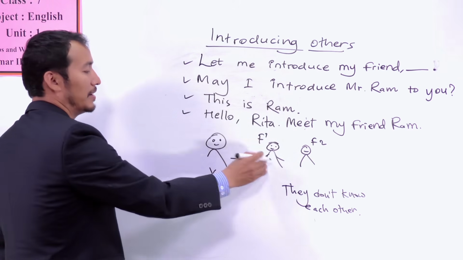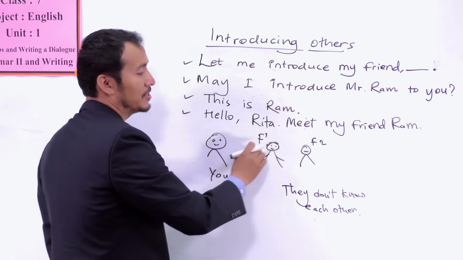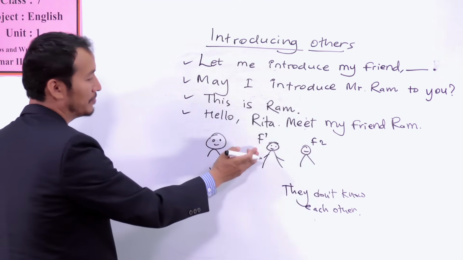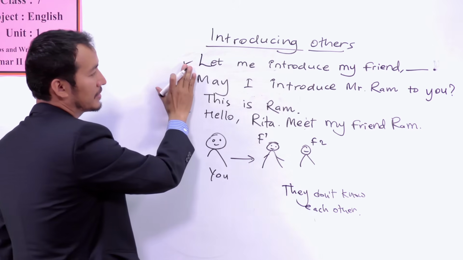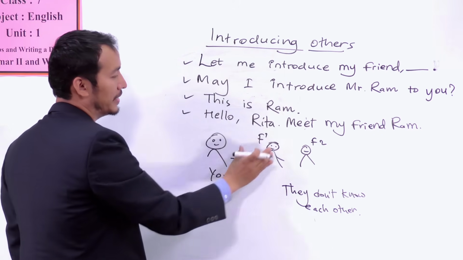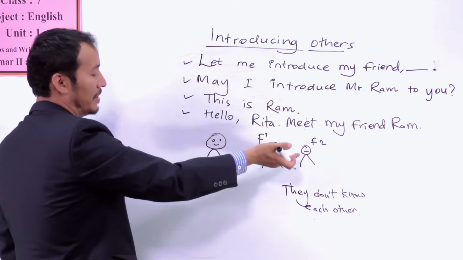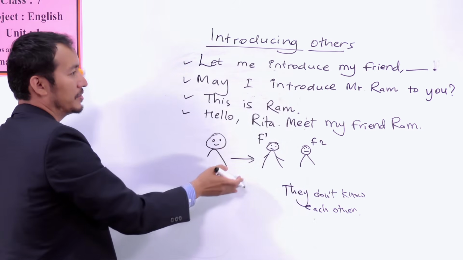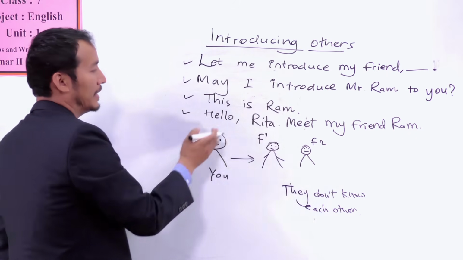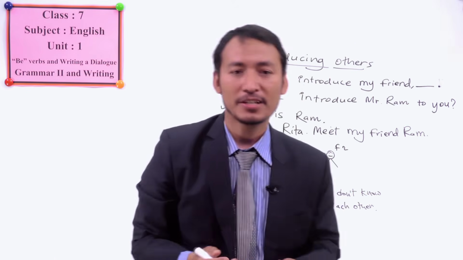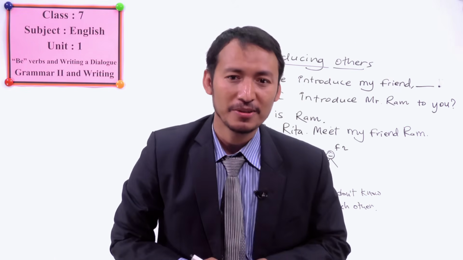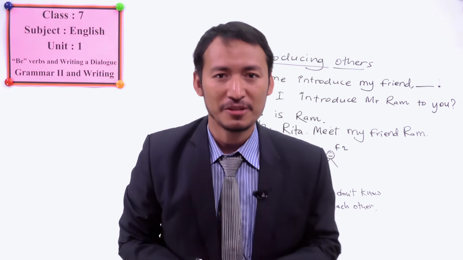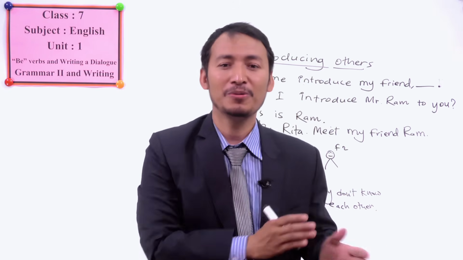So you are going to introduce friend 1 to friend 2, and also friend 2 to friend 1. So we have to use sentences like, let me introduce my friend Sita to Rita, or you can say, may I introduce Ram to you? And then they both will have another discussion that can be, nice to meet you, Rita, or nice to meet you, Ram, and they will have another conversation. Okay, so that is how you can compose the dialogue.